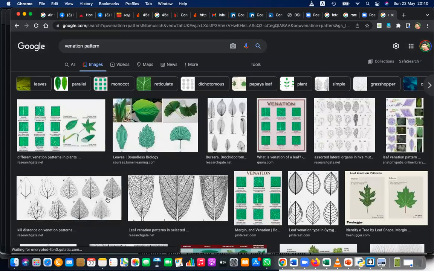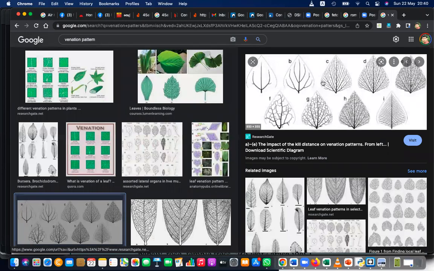Sometimes this can be used as art too. You dry the leaves and keep them for some time, then wash them with some chemicals, some alcohols, and dry them after that, and you can get this venation pattern.